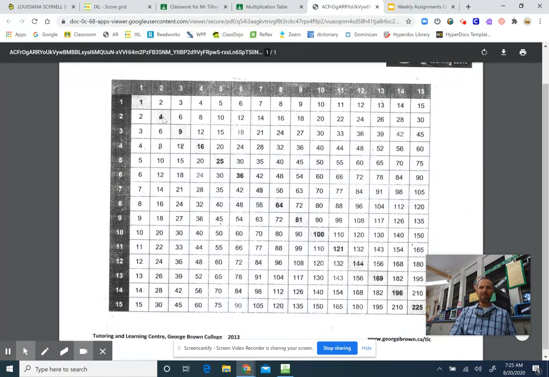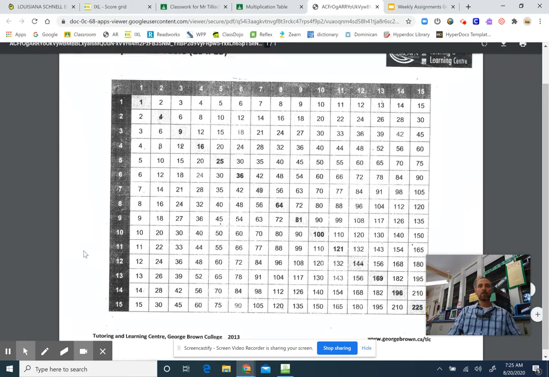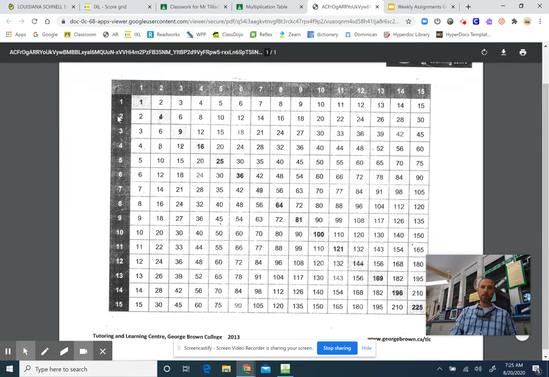These are all the numbers that are the answers, the products, or the multiples of your factors. 1, 2, 3, 4, 5, all the way to 15 on this table. A lot of multiplication tables only take you to 12. This one takes you to 15. And that is to expand on how many multiples we can start to memorize for each factor. So that's what we're doing in number 5.